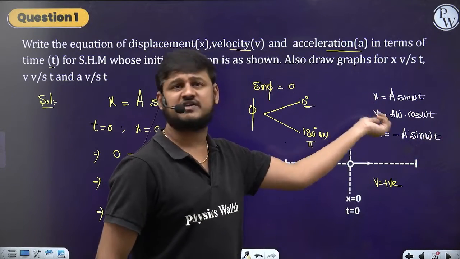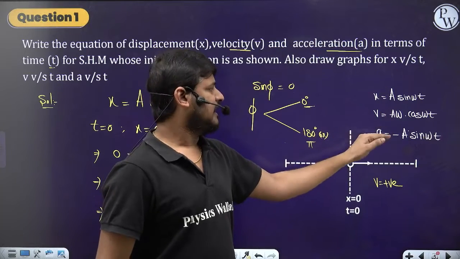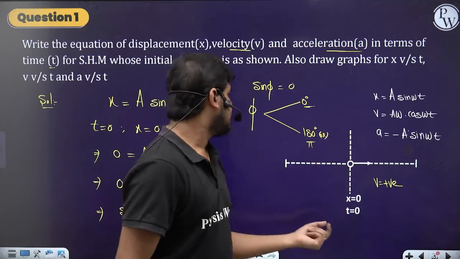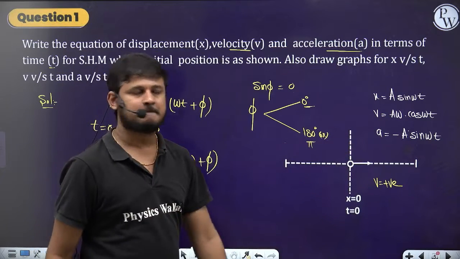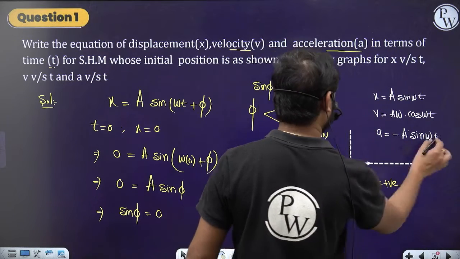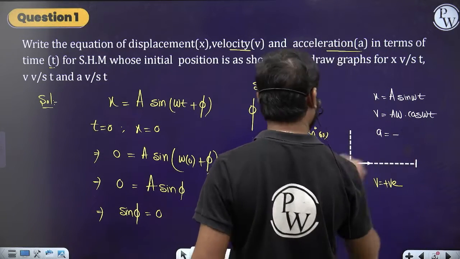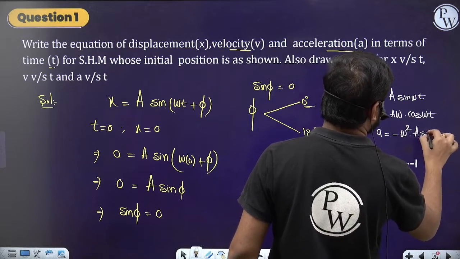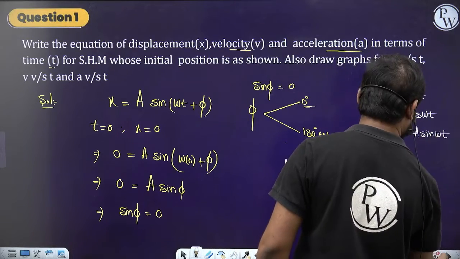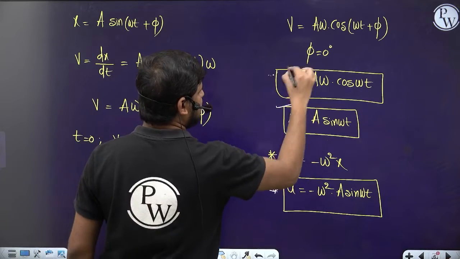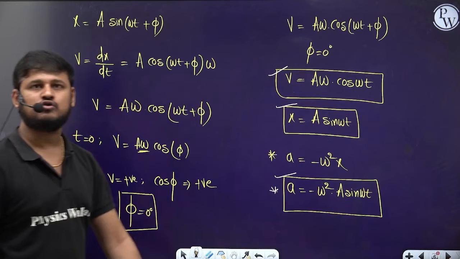The velocity is the differentiation of displacement, and acceleration is the differentiation of velocity, or you can write acceleration as minus omega square x. What is x? A sin(omega t), right? Chalo. So that's what I wrote here. These three you have to remember.